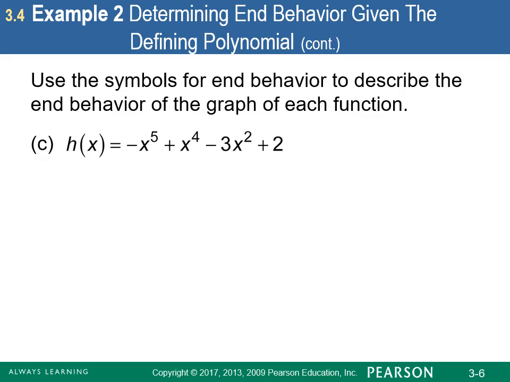So on this one, the x to the 5, we mentioned this earlier, is similar to x cubed. Its graph would look like this, where it's going in opposite directions. Now the minus that's on the front just tells us that the directions are reversed. So on the left it's going to be going up, and on the right it's going to be going down.